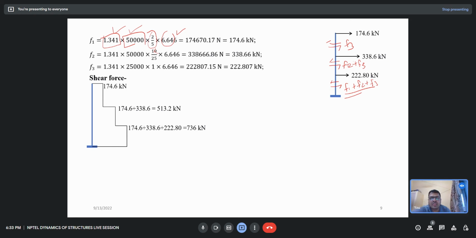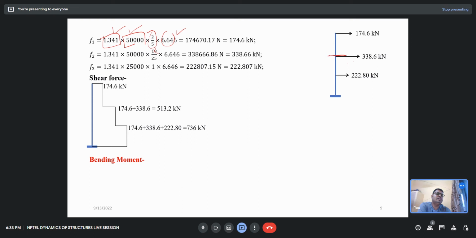So for the bending moment calculation, we directly have the static force. Now can you calculate the bending moment with these static forces? Anyone? If you have been given the static forces, what would be the bending moment at this floor?